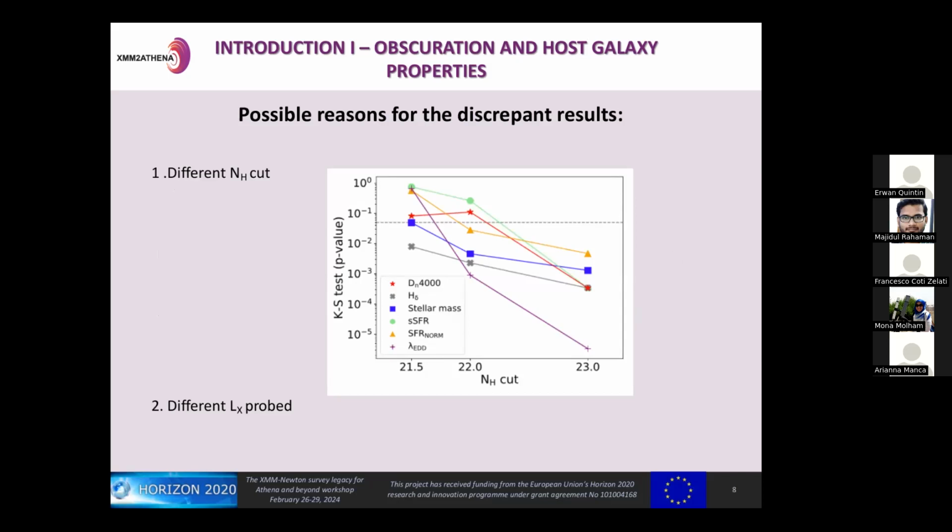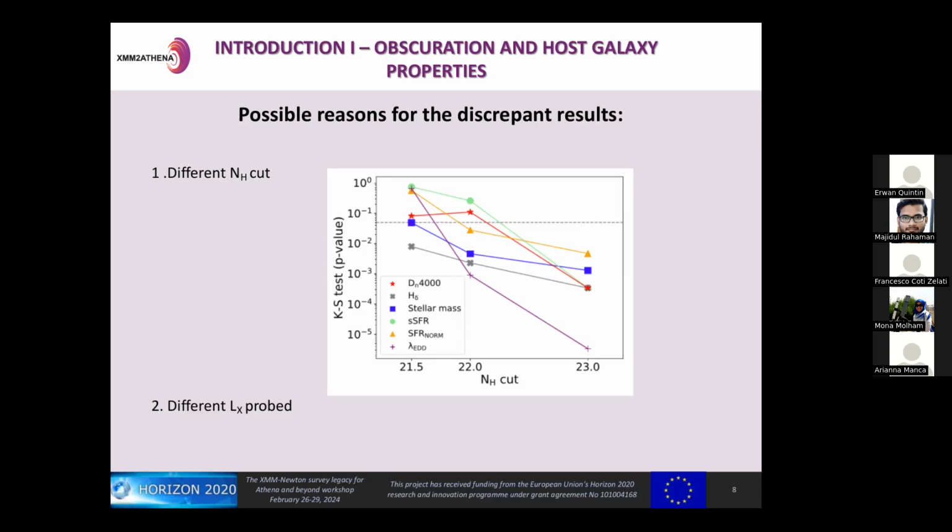This is the H delta for the burst, the stellar mass, specific star formation rate, and the normalized SFR, which is the ratio of the star formation rate of an AGN to the star formation rate of a non-AGN system with the same stellar mass and redshift as the AGN. And the specific black hole accretion rate, which is a proxy of the Eddington ratio.